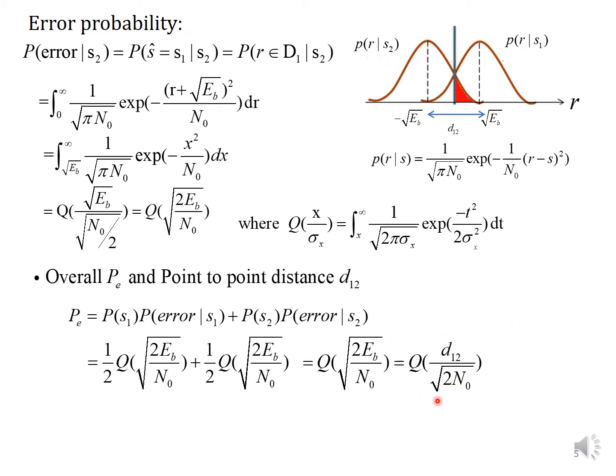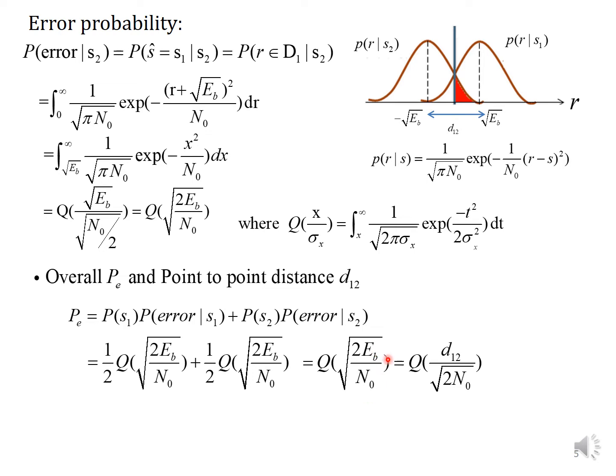So you can see that we can describe the error probability in terms of EB over N0, which represents the signal to noise ratio per bit.